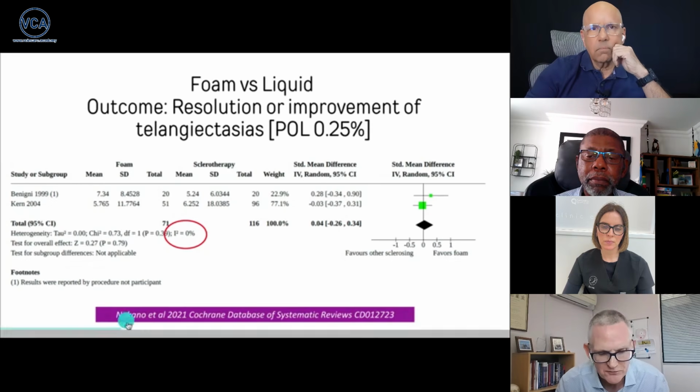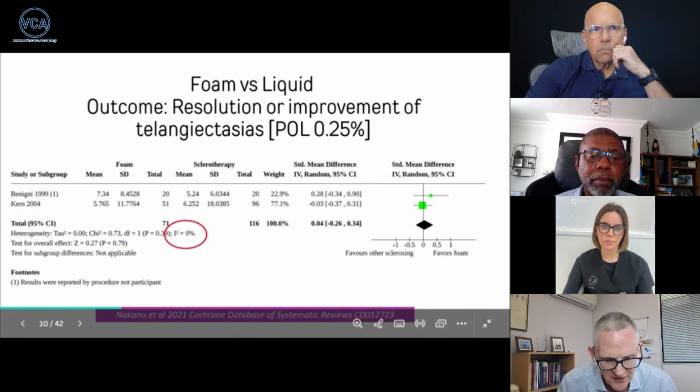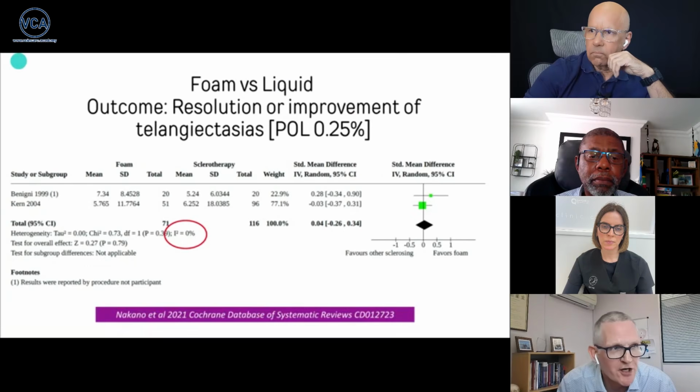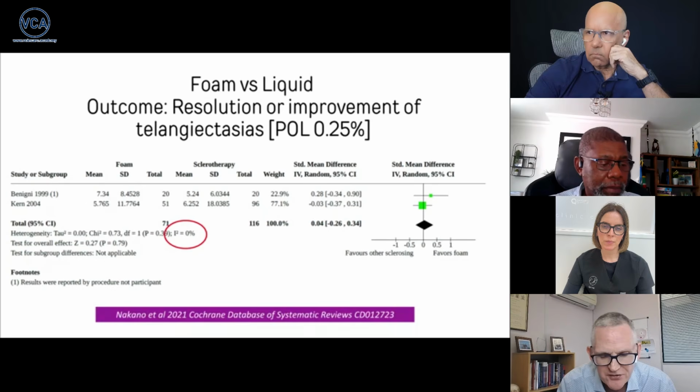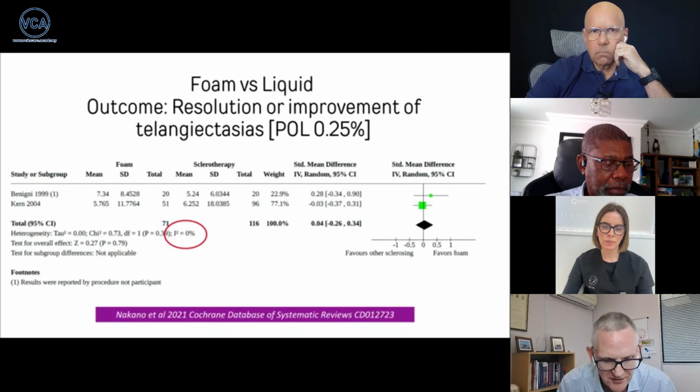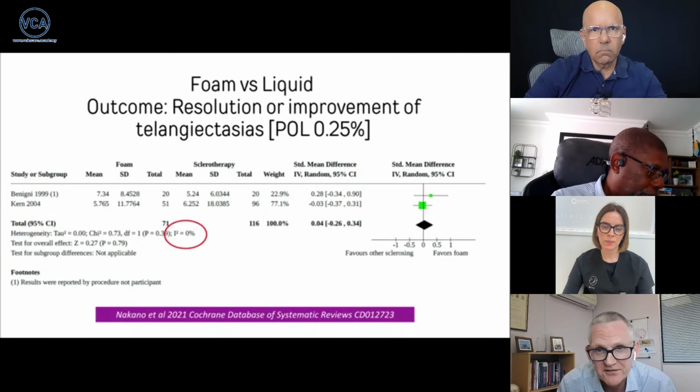I've done many Cochrane reviews myself in the past, and they're not straightforward things to do. They're quite involved processes. This Cochrane review was not specifically looking at liquid versus foam, but was an overarching review on many aspects of the treatment of telangiectasias with sclerotherapy, and sclerotherapy and laser, in fact.